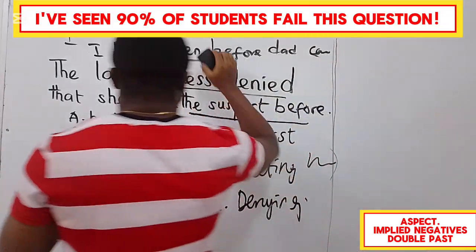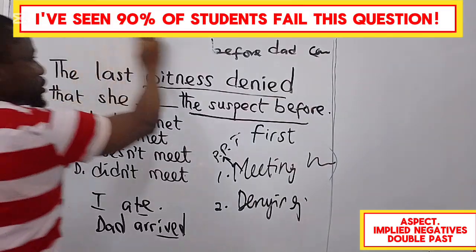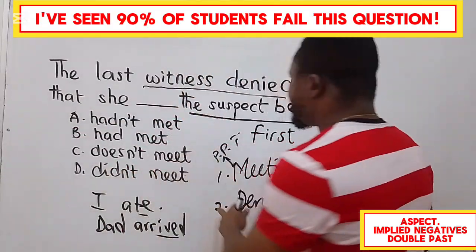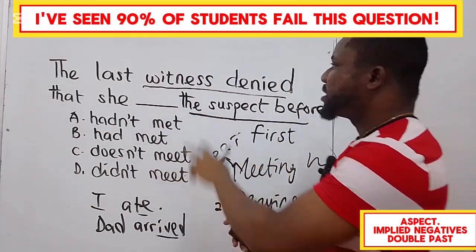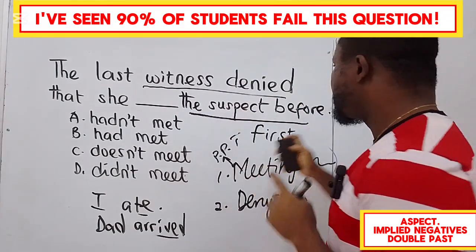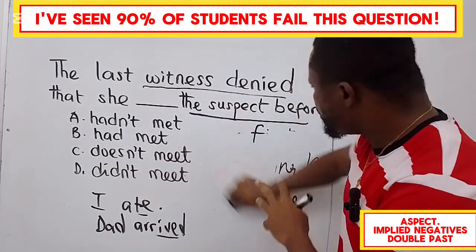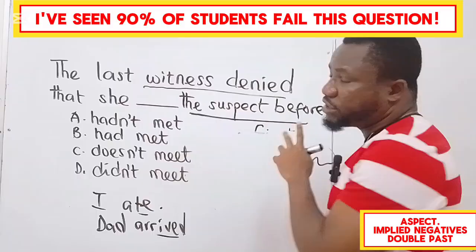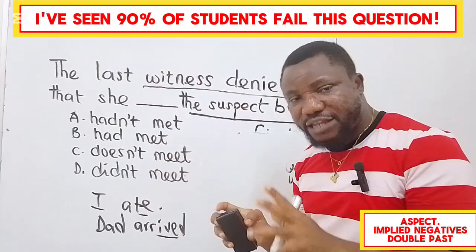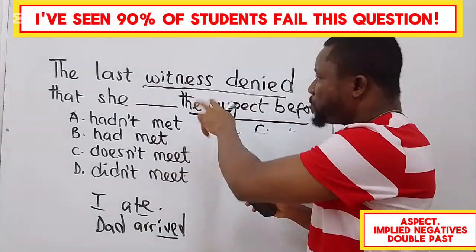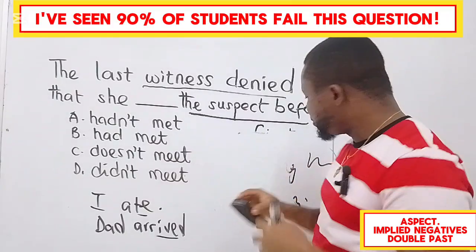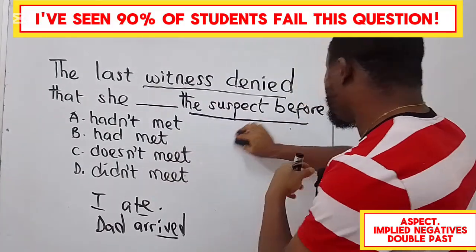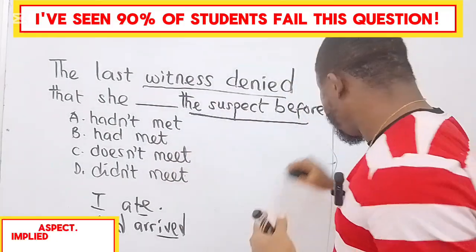So that's the first thing we need to understand when we have a structure like this: the last witness denied that she dodged the suspect before. You must understand what happens when you have two actions that happened and ended in the past.